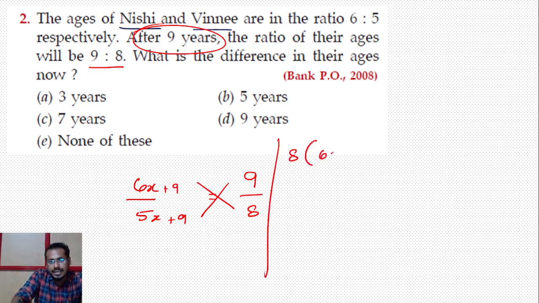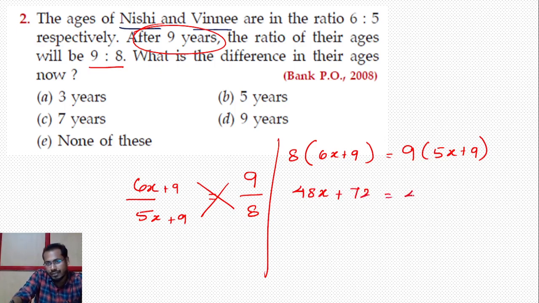So 8 times 6x plus 9 is equal to 9 times 5x plus 9. So 48x plus 9 into 8, 72, is equal to 9 fives of 45x plus 9 into 9, 81. Solve this and you get the answer.